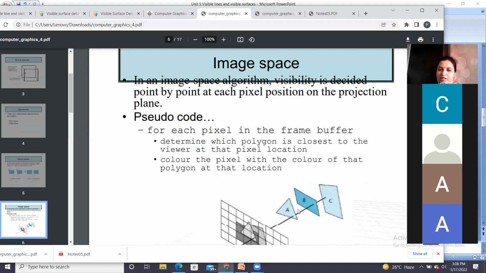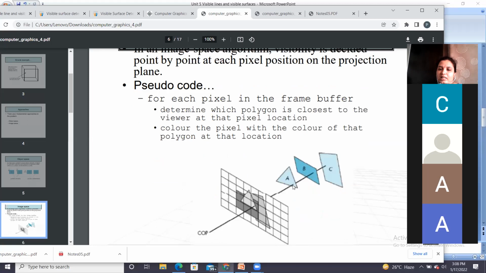For example, here 1 pixel is considered, which is called COP, center of pixel. So here COP is considered. Now on that pixel, it will check how many objects are actually overlapping at that pixel.